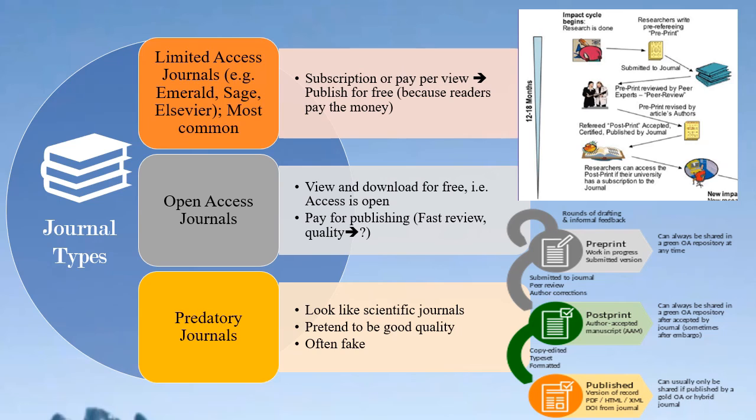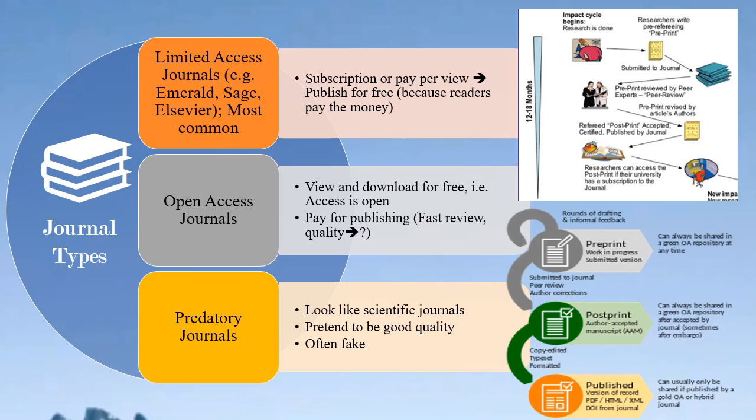Emerald, Elsevier, Sage, all these platforms, the web hosts, they have both types of journals, limited access and open access. Another type of journal you will find is the predatory journals. Predatory means they look like scientific journals and they pretend to be good quality, but most often they are fake.